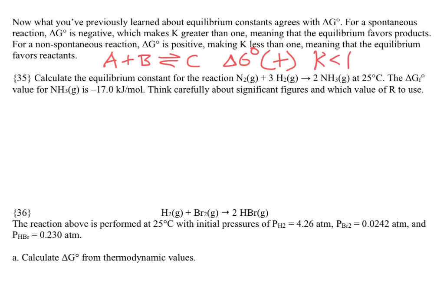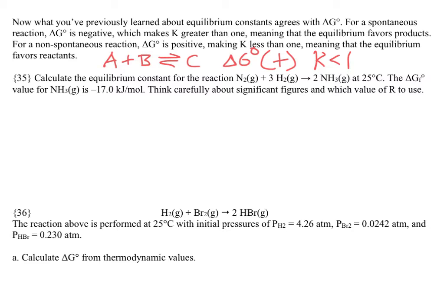Now, if the reaction is non-spontaneous as written, in other words, as this equilibrium goes back and forth, it's going to favor reactants. But what that means then is that it's going to be spontaneous in the reverse direction. So if we were to write this reaction as C going to form A and B, then we would have a negative delta G0 and a K larger than 1.